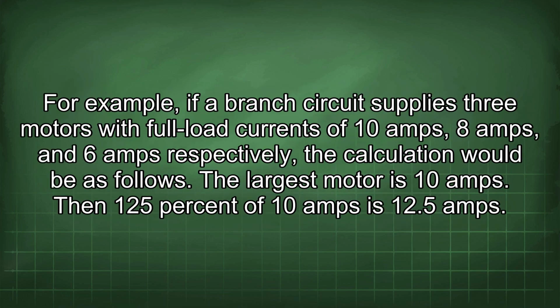For example, if a branch circuit supplies 3 motors with full load currents of 10 amps, 8 amps, and 6 amps respectively, the calculation would be as follows. The largest motor is 10 amps. Then 125% of 10 amps is 12.5 amps.